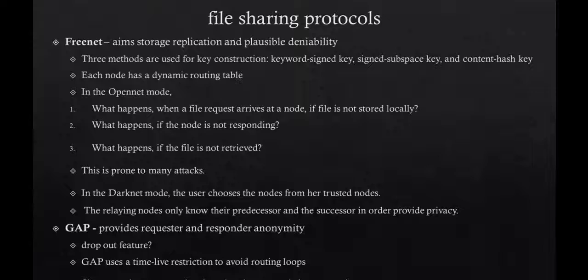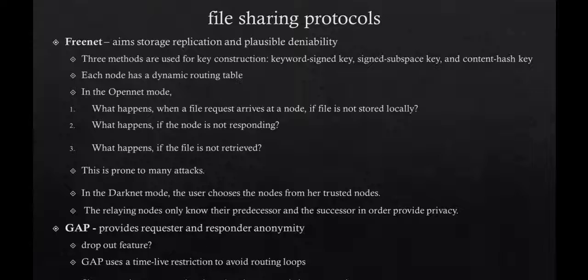In OpenNet mode, we'll be talking about a few of the cases here. Case 1: when a file request arrives at a node, and if the file is not stored locally, then the node looks up the node with the nearest key and forwards the file request to the corresponding node. The node receiving the request does the same process till the file is found.